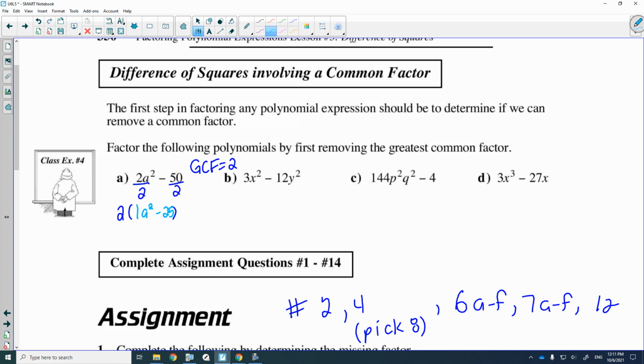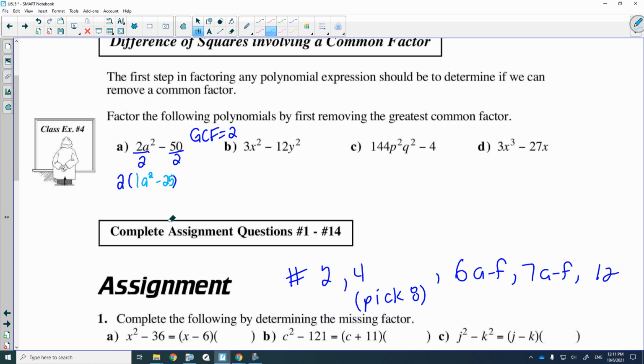Then you look at that bracket and you say, can I take this bracket and further factor it? And the answer is yes. This bracket then becomes a difference of squares. So what you would do is you would bring down this 2, and then you would set yourself up 2 brackets, because you could square root that guy.